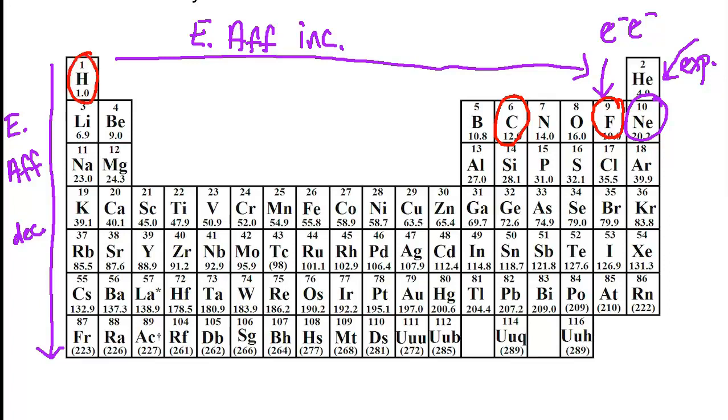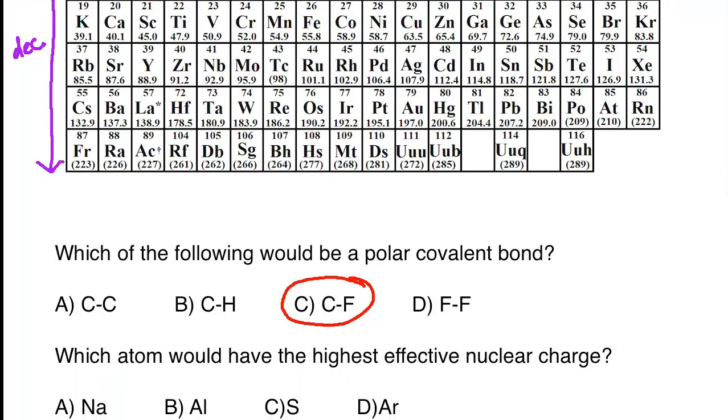So out of all of these, if I take a look, fluorine with fluorine, if you remember the values, it's 4.0 and 4.0. So there's no real difference there. So we're not going to call that a polar covalent bond. And by the same token, we wouldn't call a carbon-carbon a polar covalent bond because those are both 2.5 in their values.